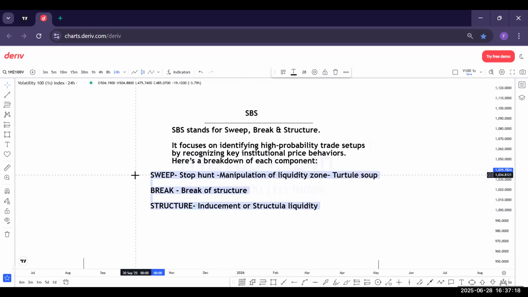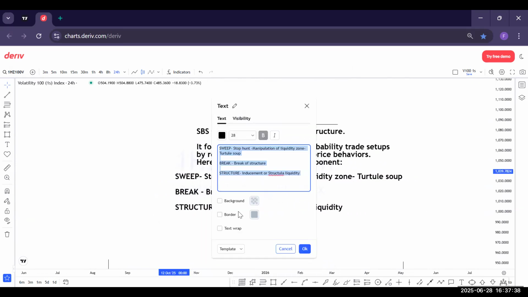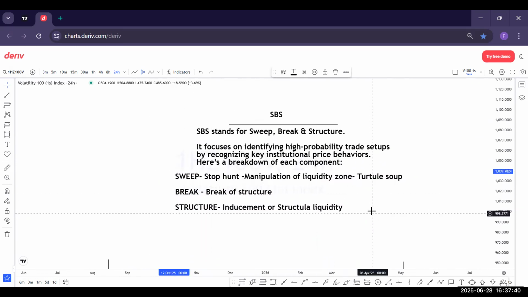These are the three things you need to make a good amount of money from the market if you follow what I'm going to explain. Like I said, SBS stands for sweep, break, structure, or we can even call it the SBI.